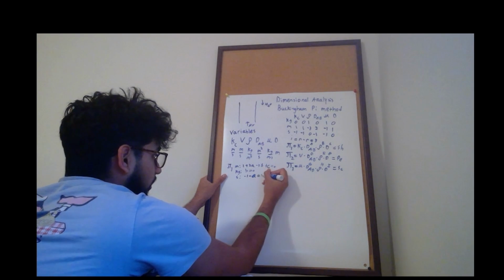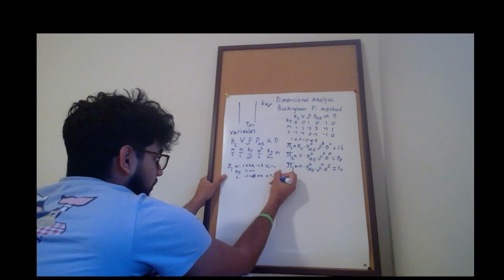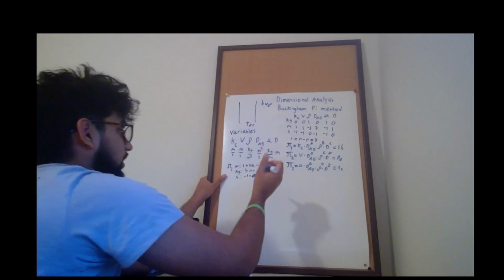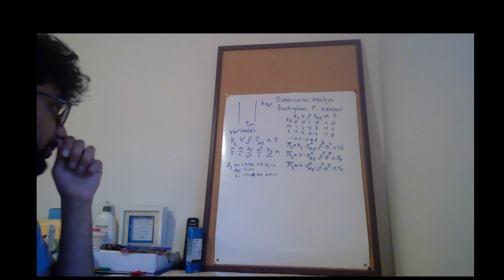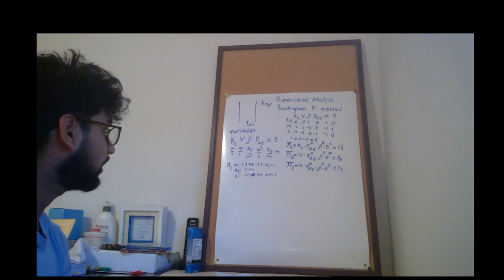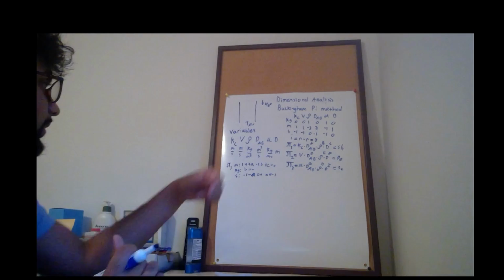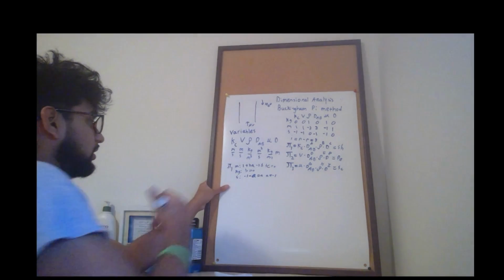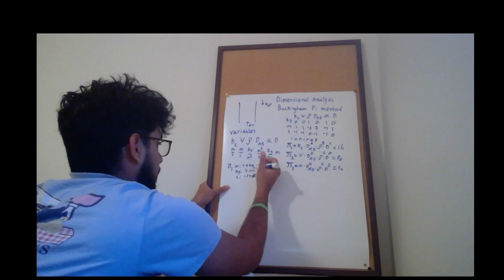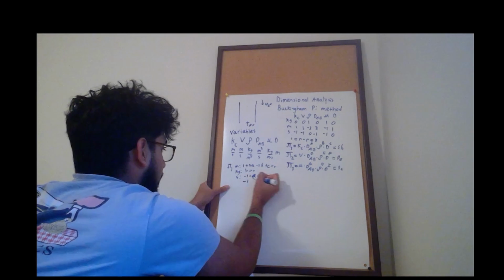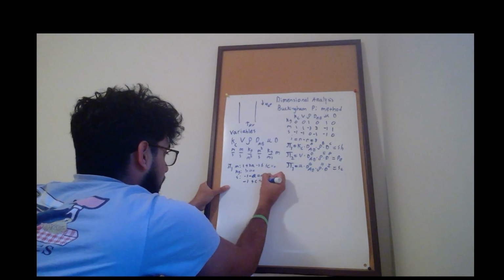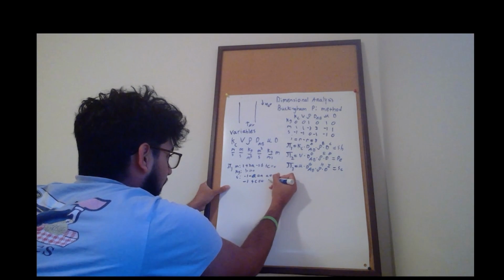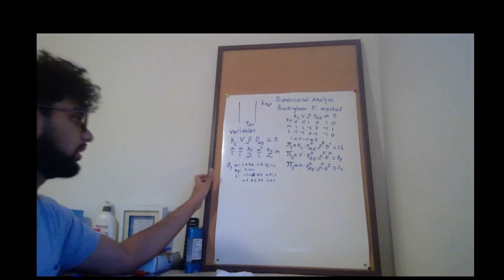So we know that a equals -1 and that b equals 0, so then we can plug that back in and we would get -1 plus c equals 0, and we know that c equals 1.